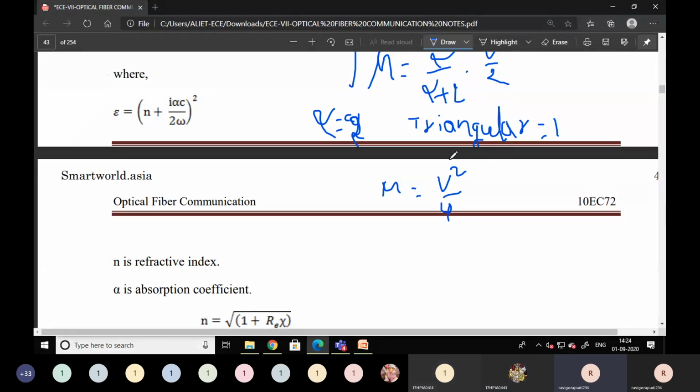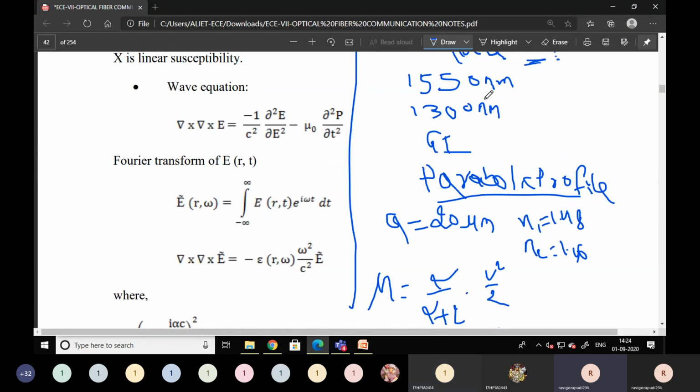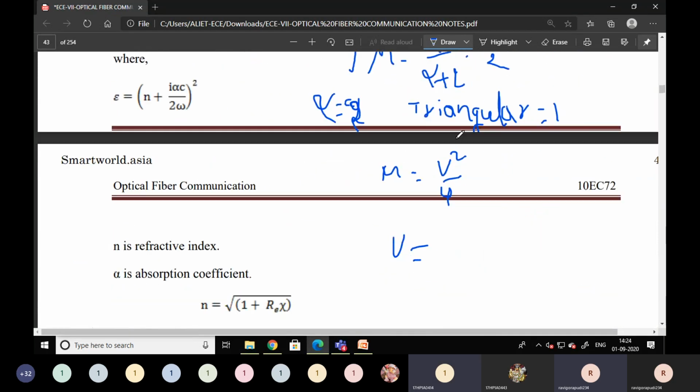Then we don't know V. Find out V, all of you. Here we have to find two V's for two wavelengths as mentioned.